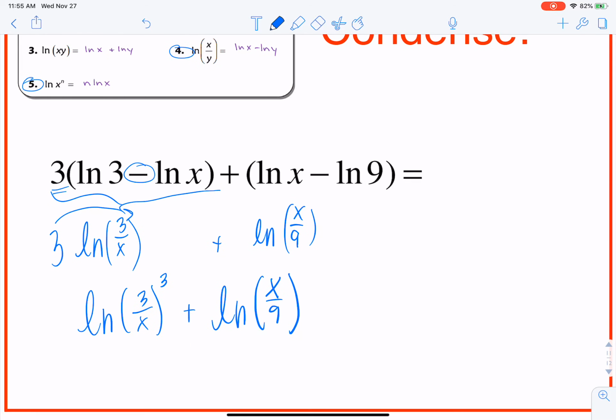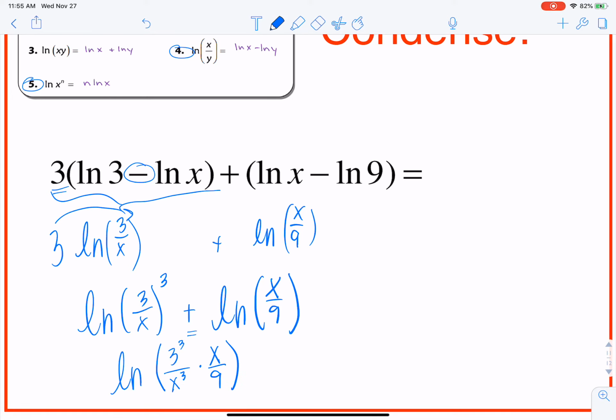And excuse me, I can take this one step further here, and I could see that I have both natural logs here and I have addition. So this becomes the natural log of 3 cubed over x cubed times x over 9.